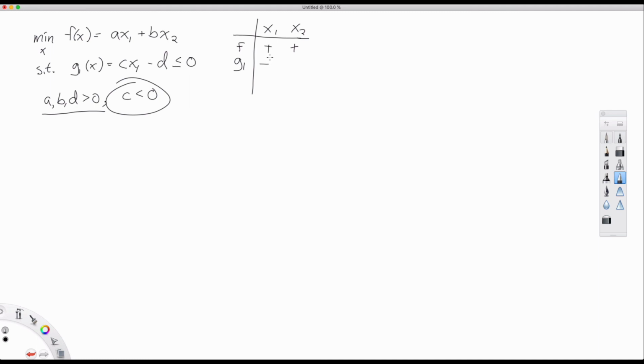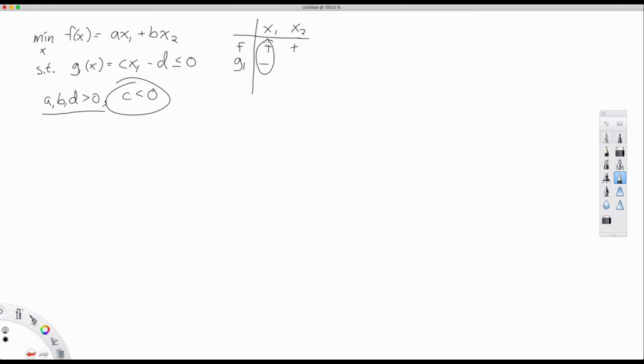If we look at the first column, x1, we can see that g1 is the only constraint that is capable of bounding f. We have these opposite signs, so we are at least bounded with respect to x1, and we can say that g1 is in fact active for this problem.